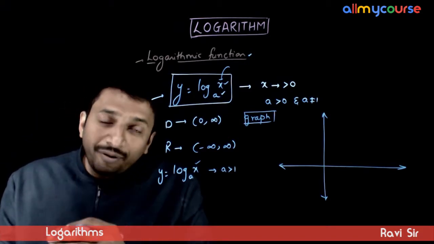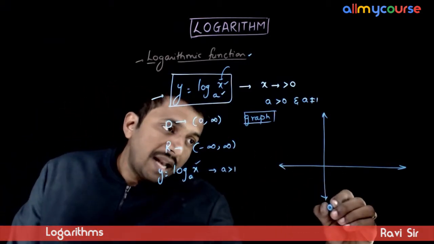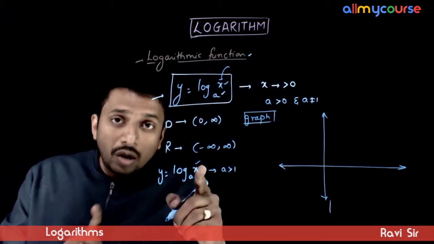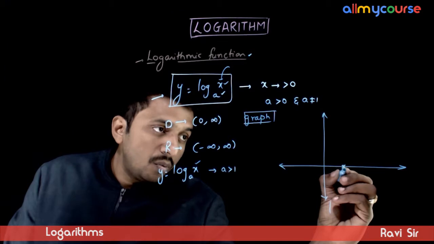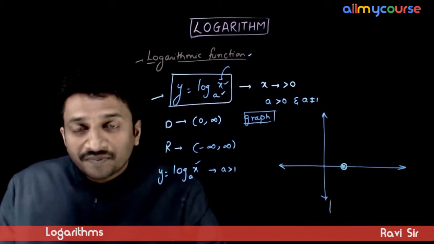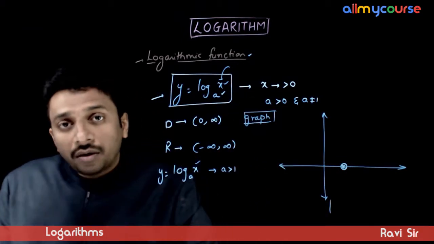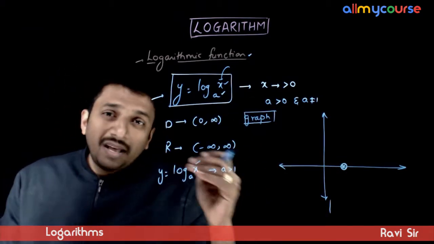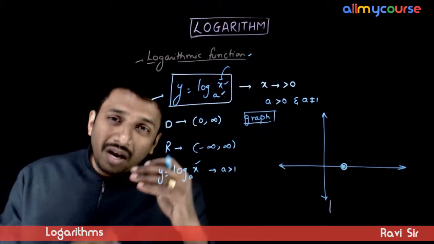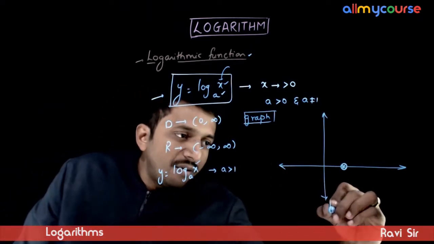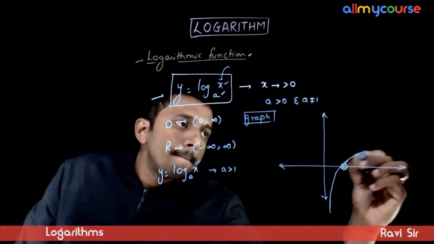So how does the graph look like? Close to 0, the value will be close to minus infinity. Log 1 will always be equal to 0 at x is equal to 1, crosses the x-axis. And as x tends to infinity, the value of log goes to infinity. But as you see the values of log increases very slowly. So the graph looks something like this.